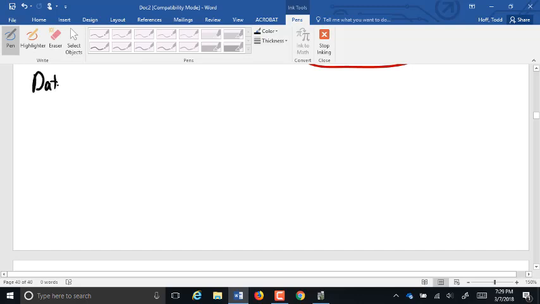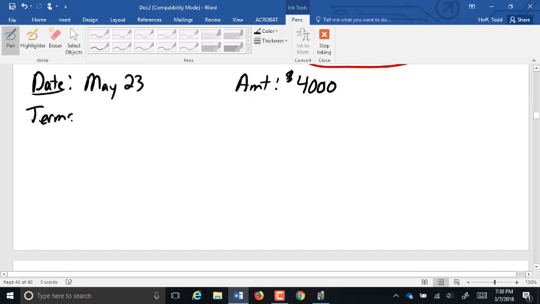So let's go ahead and take a look at how these partial payments tie into everything. So we're going to look at an invoice that is dated May 23rd for an amount of $4,000. Terms 2/10 net 30 ROG.